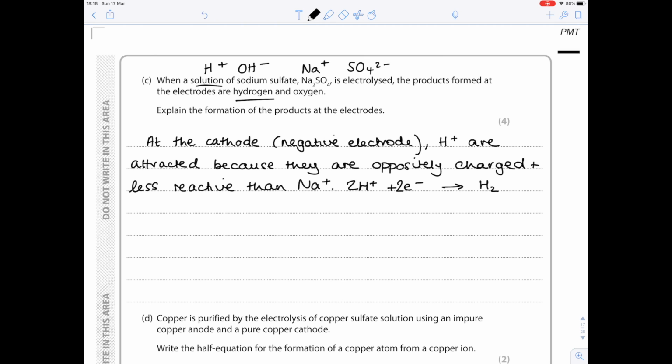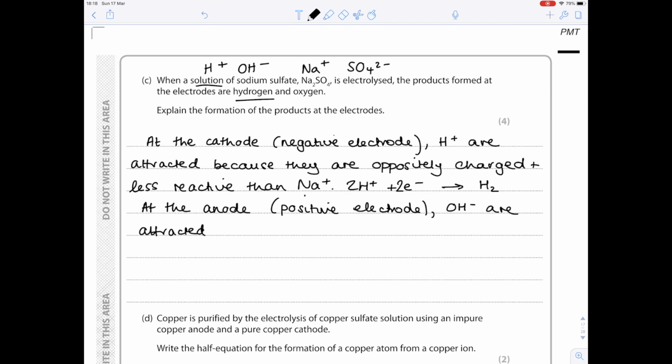And now we need to look at the anode, which is the positive electrode. Remember, if you have a halogen present, then that will discharge preferentially. However, sulfate ions and hydroxide ions are not halogens, which means that the hydroxide ion discharges, forming oxygen. So let's write that here. And why are they attracted to the positive electrode?